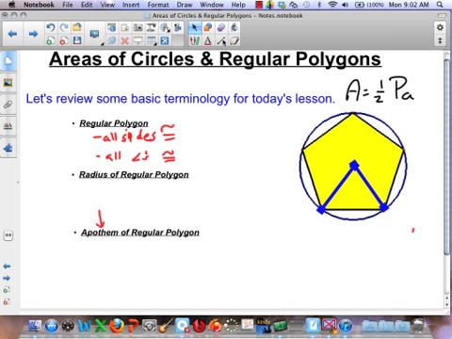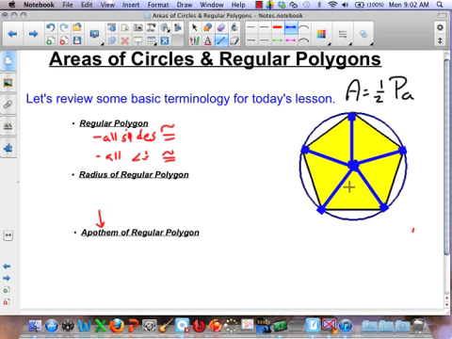Let's draw all the radii. By the way, how many sides is this particular polygon? 5. How many radii did I draw? How many triangles did I just split my polygon into? 5. 5 equilateral triangles. Do we agree?